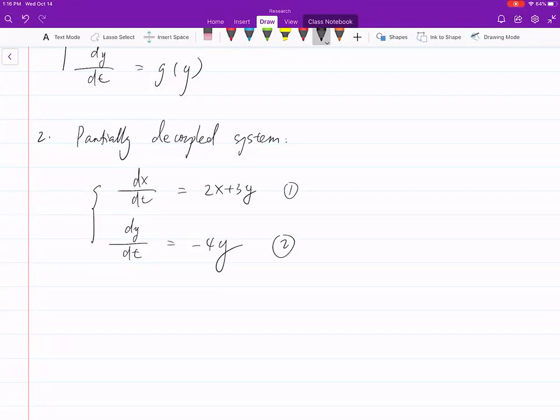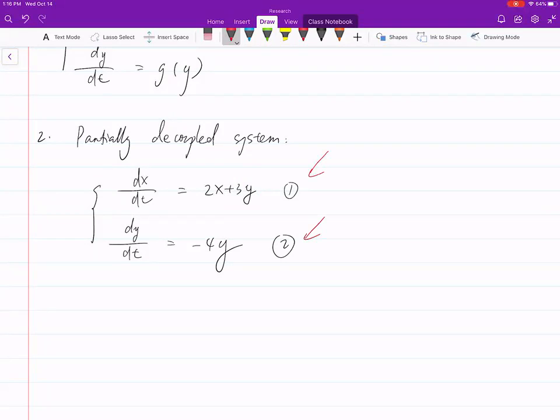Is this one completely decoupled? The answer is no. The reason is that the derivative of x does have a y in there, so you do have interactions. However, this is called partially decoupled. It simply means this only works for one. For number two, there's no x here. So at least I can treat two separately, not one, but I can treat two separately without considering one. So it's still decoupled, but it only works for the second, not the first.